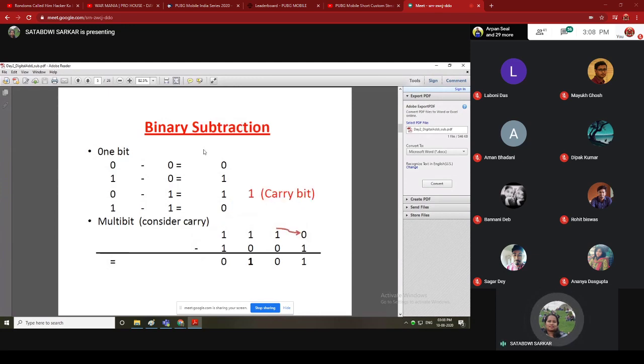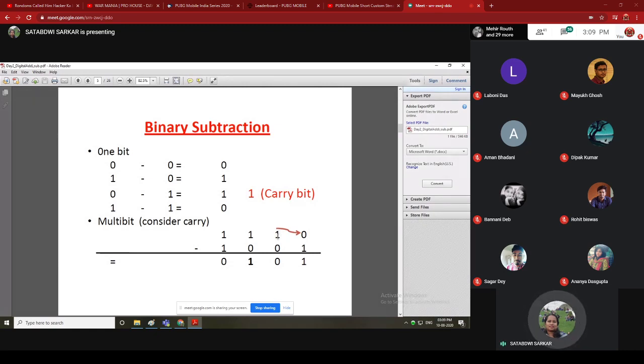Now in the next slide, this is binary subtraction. Here we take the borrow from the left bit. 0 minus 1 is not possible, so we borrow 1 here, and its value is 2, 2 minus 1 is 1.